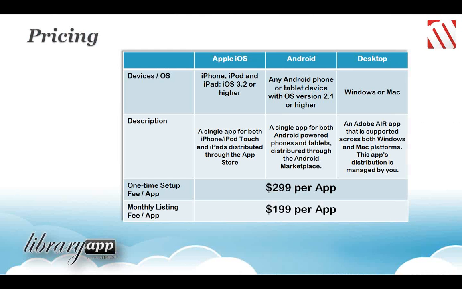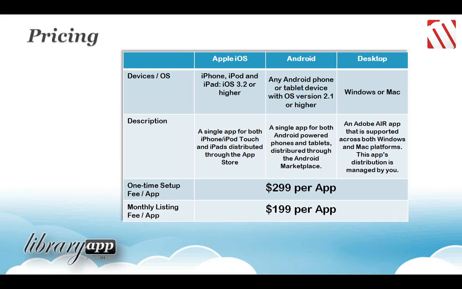Speaking of pricing, we're going to briefly touch on the pricing for the library app itself. Each of the three different library apps offered, be it Apple, Android, or desktop, requires its own library app setup. The setup fee for the app is a one-time fee of $299 per app. Once that's been submitted and approved by the App Store, there's an ongoing monthly listing fee.